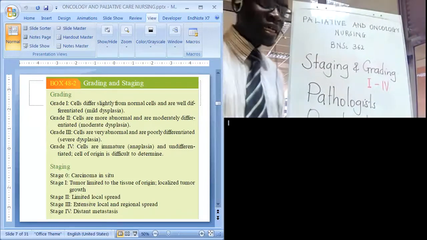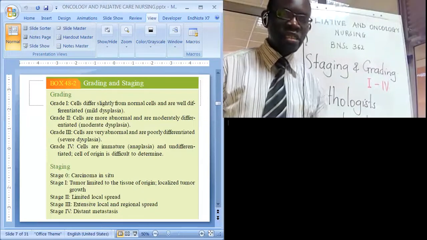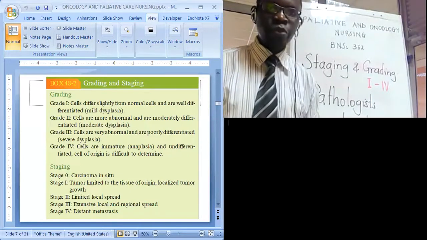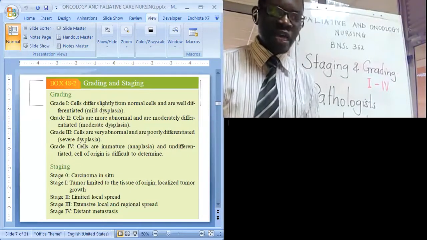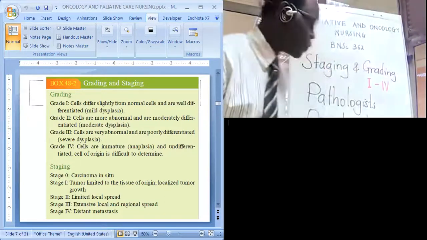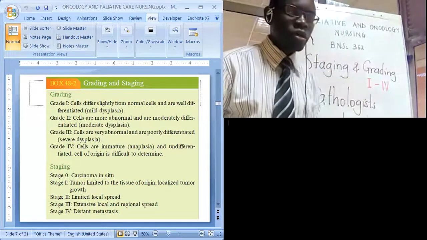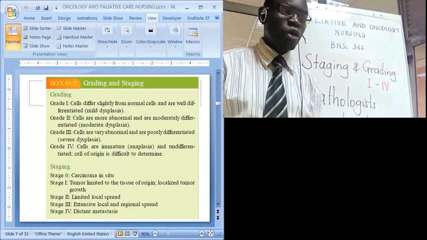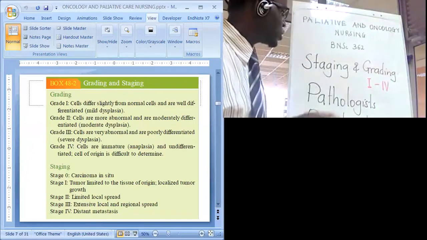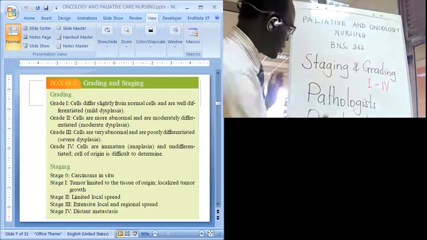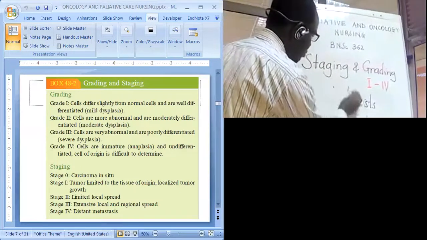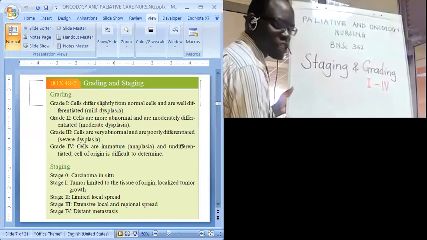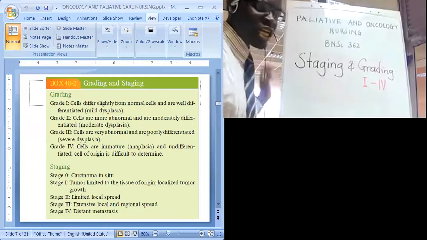We are going to see what it involves, but it involves getting a biopsy. They take a sample from the place that has a tumor, put it over a slide, and examine it to see whether there are changes compared to the normal cells in that area or region. So with grade 1, the cells have changed, however they are only slightly changed.